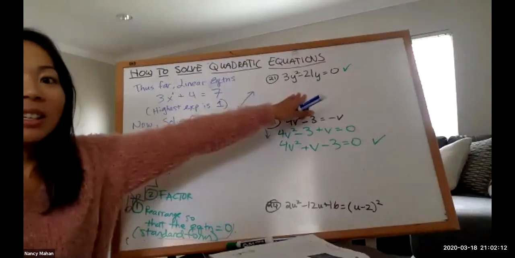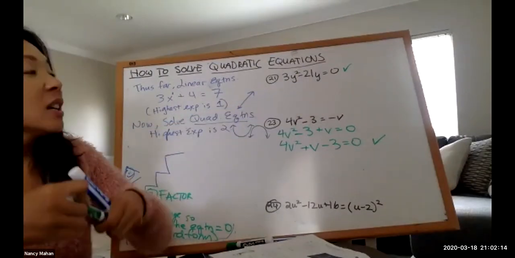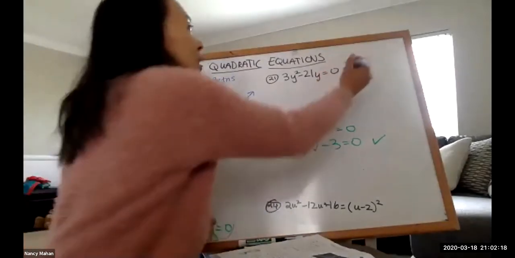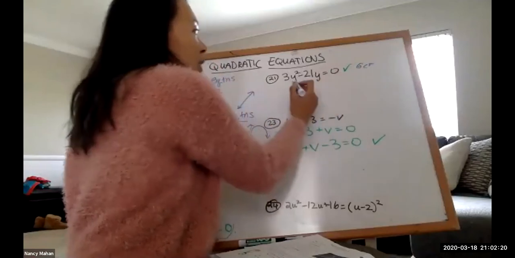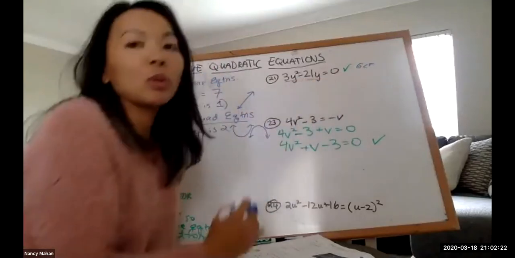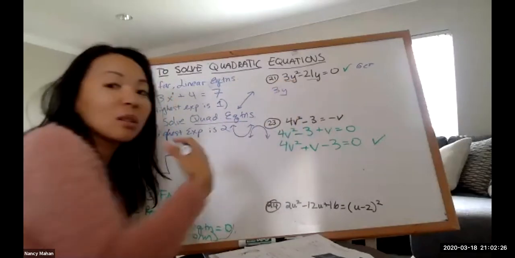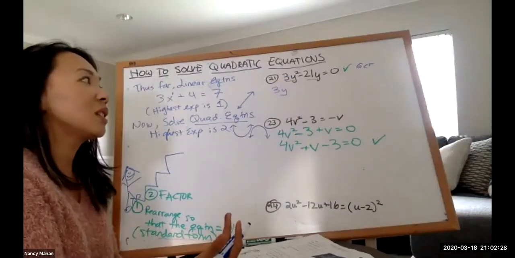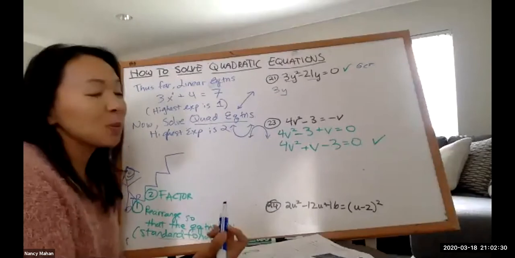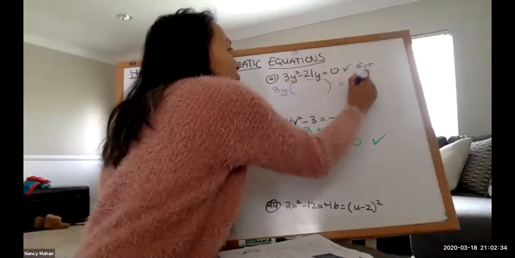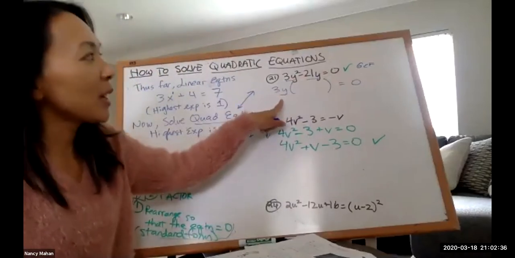So here, 3y squared minus 21y, to factor, I'm going to first find out the GCF, right? So I'm going to find the GCF of 3y squared and negative 21y. The GCF is 3y. I'm going to go a little bit faster than the other videos, assuming that at this point you guys kind of know how to do this part already. So 3y squared, 3y is the GCF.